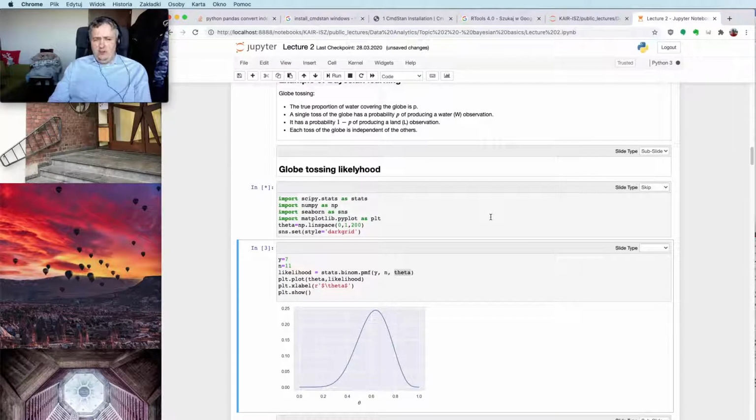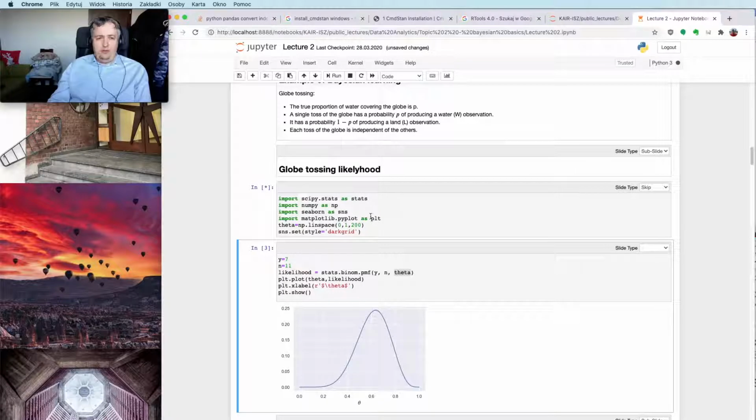I'm using the Seaborn package for plotting, but it's not really needed. It just makes the figures a bit nicer, setting up the dark grid style. I'm using the scipy.stats module imported as stats, NumPy imported as np, Seaborn imported as sns, and matplotlib pyplot as plt.